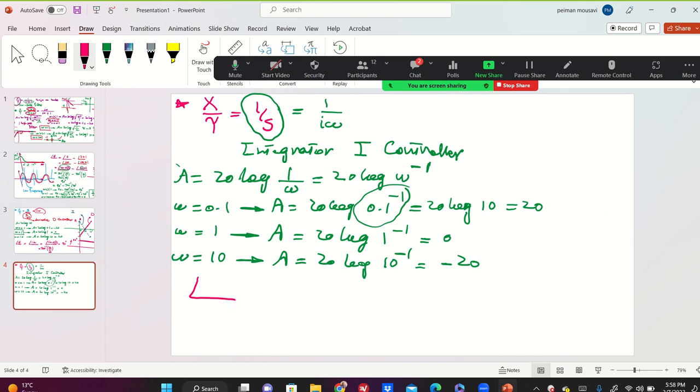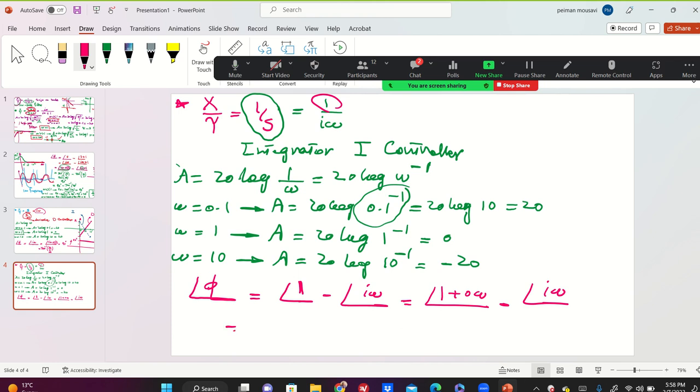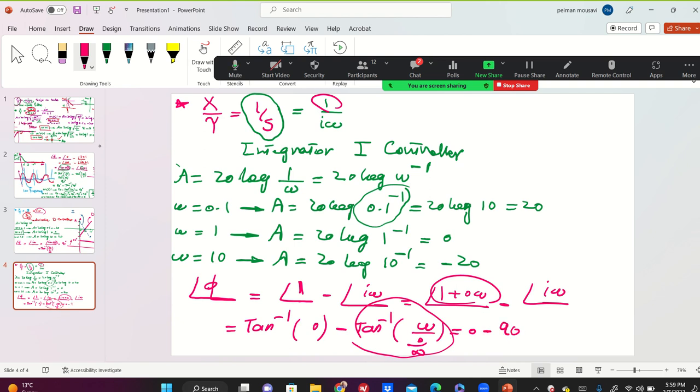So the phase angle of that is going to be the phase angle of the number 1, the numerator, minus the phase angle of I omega. You can write number 1 as 1 plus 0 omega, minus I omega. So it is tangent inverse of 0 minus tangent inverse of omega over 0, which is infinity. This is going to be 0, as we did this million times, minus 90.